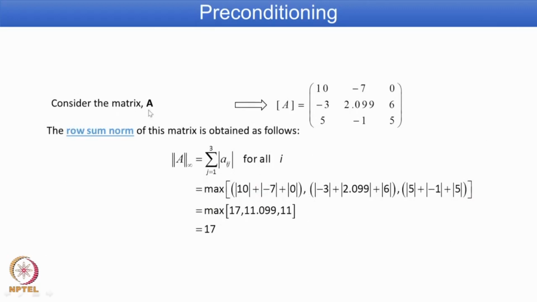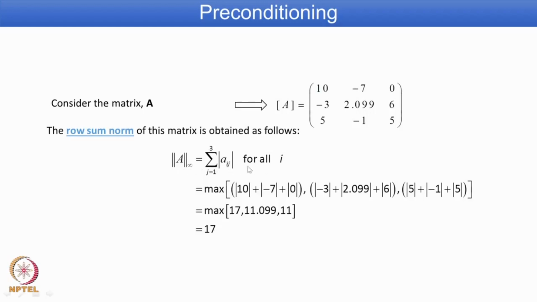Now, let us go to the definition of row sum norm and try to explain. Consider the matrix A as shown here with elements 10, minus 7, 0, minus 3, 2.099, 6, 5, minus 1, 5. We define row sum norm as the maximum of the summation over rows, and we take the magnitude of the elements to calculate it.